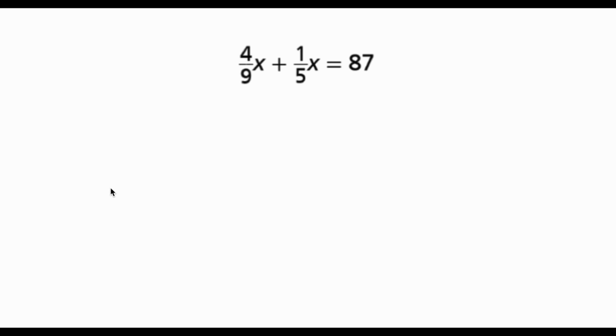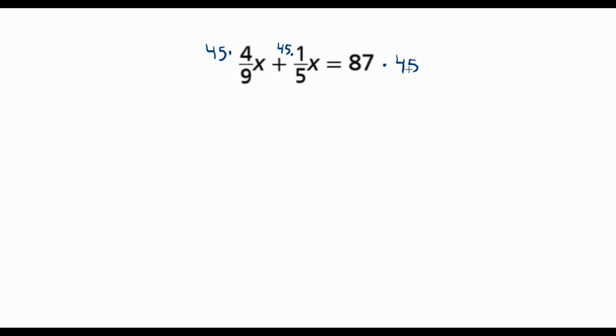And the common denominator, or one of them, would be 45, because 9 times 5 will give us 45. So I'm going to multiply the numerator by 45. Now, as soon as you multiply one term, you have to do it to every single term. So I'm going to multiply the 1 by 45 as well as the 87 by 45.